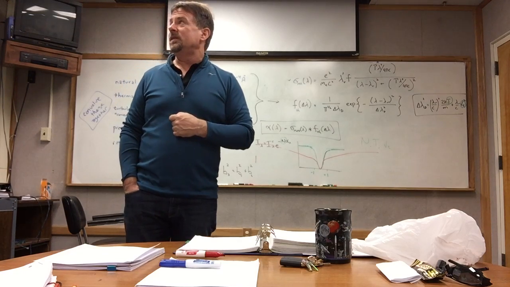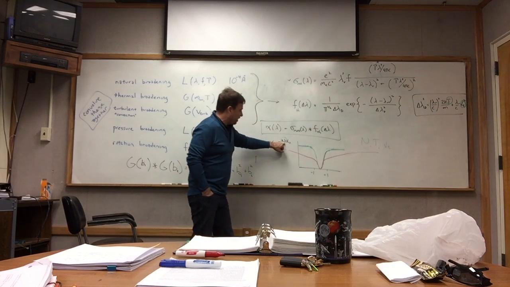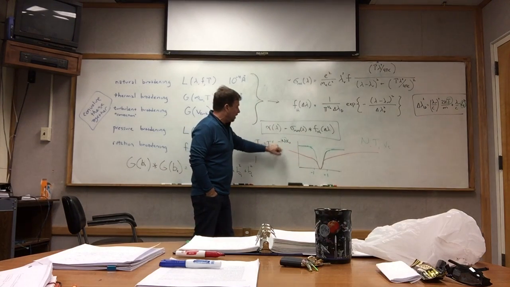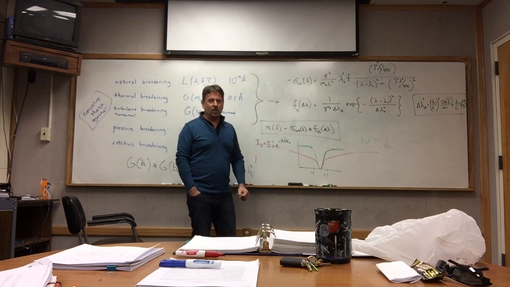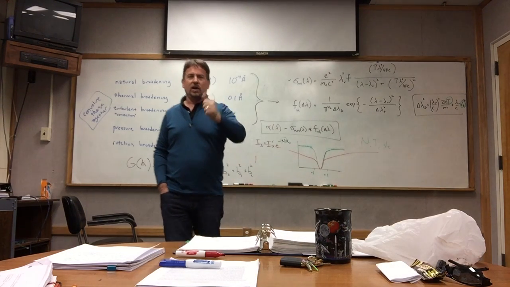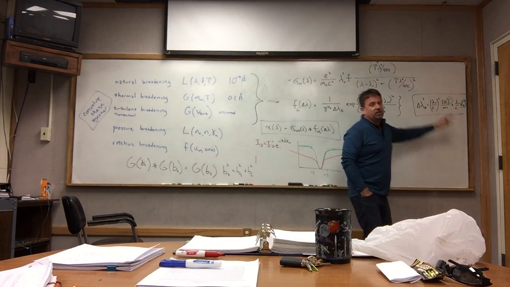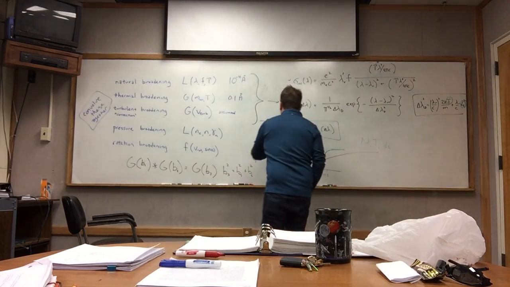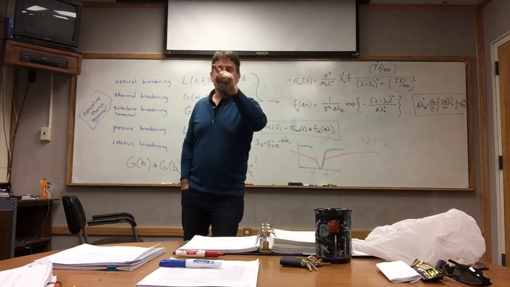Now, let's say you do that and you get out the column density of hydrogen. Okay, I got a column density for hydrogen. I got a temperature for the gas. I got a turbulent velocity for the gas. I got a column density of neutral hydrogen in the n equals 2 excited state.